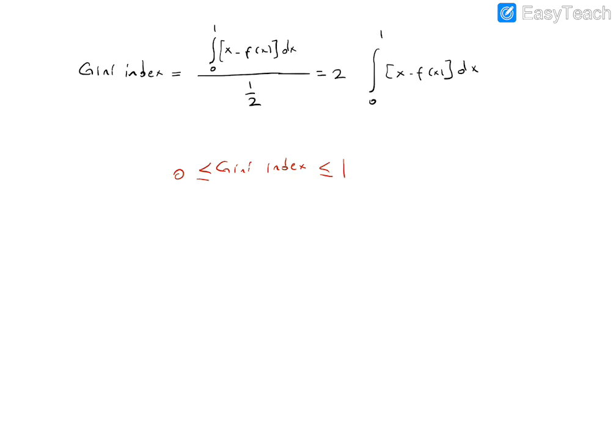Generally, in a country like Turkey, which is underdeveloped, the Gini index is bigger than 1/2. It's close to 1. In a developed country, the Gini index is generally 0.2, 0.3, etc. Okay, so it is close to 0, but of course it is not possible to be 0.